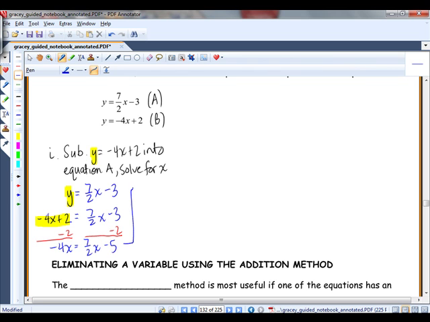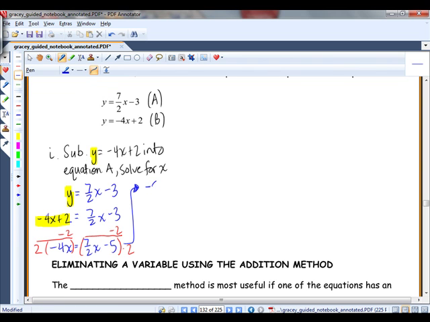And then, why don't we clear those fractions out. If you multiply both sides by 2, it'll clear the fractions, but don't forget to distribute the 2 through the binomial.